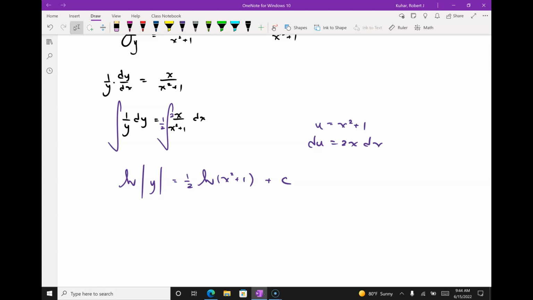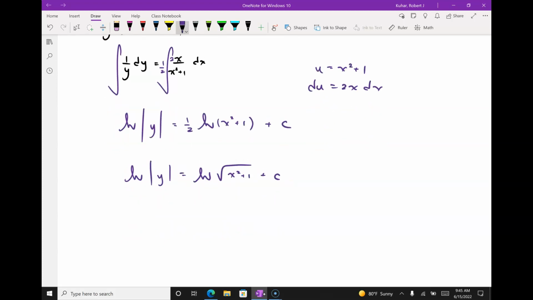How are we doing there? Yes, okay. I'm definitely going to raise both sides base e, right? But if I can, I'd kind of like to get that 1/2 out of there, and I can. Ln of the absolute value of y equals the ln of the square root, right? Excuse me. And now I'm going to raise both sides base e.